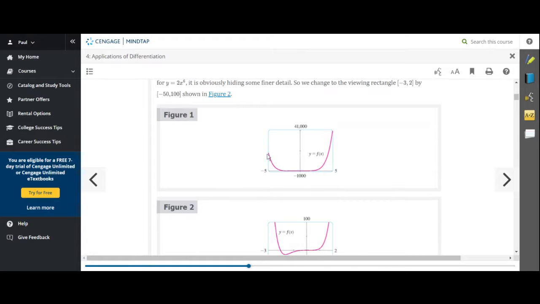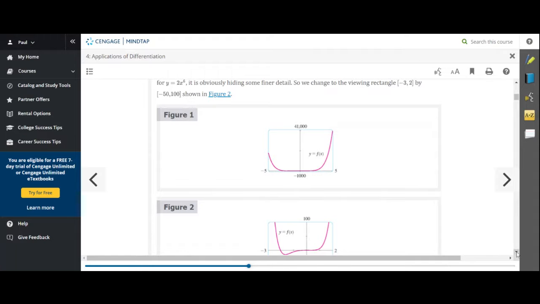If you look at figure 1, you can't see much based on that window. You can see that the function is decreasing and that it increases, but you can't see, for instance, the concavity. It looks like the function in figure 1 is concave up all the time.